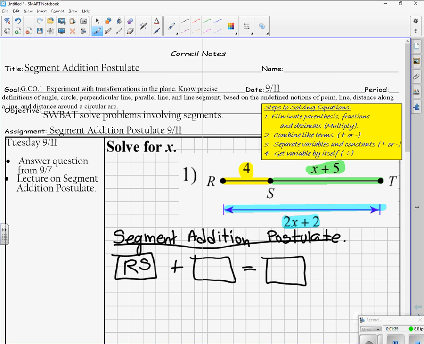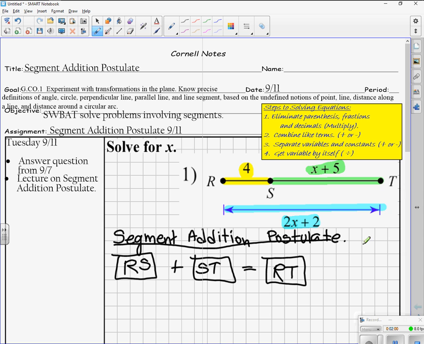The other little piece is called ST, and then the whole thing is called RT. Okay, so this piece RS plus ST is equal to the everything.